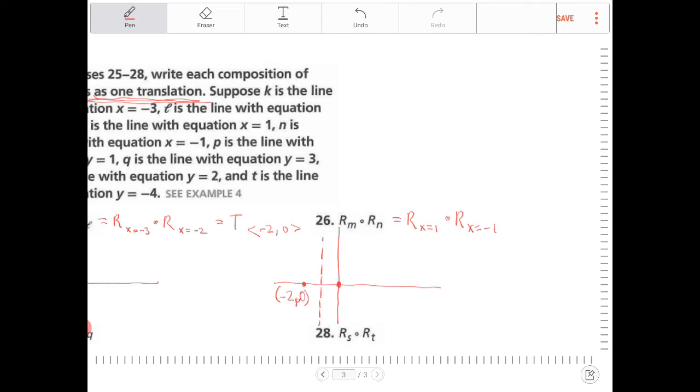And if I take negative 2 comma 0 and reflect it over the line x equals 1, negative 2 comma 0 is 3 away from 1, so this is going to be 4 comma 0. So I'm going to be translating a total distance of 4.